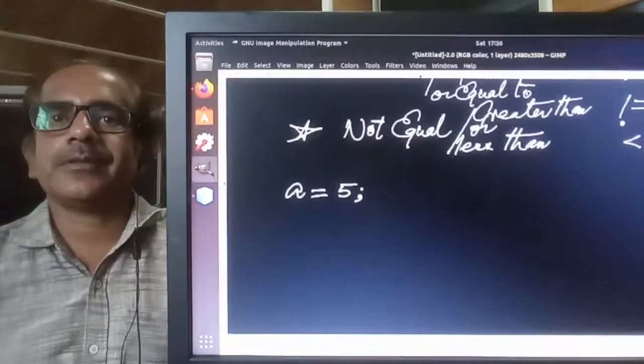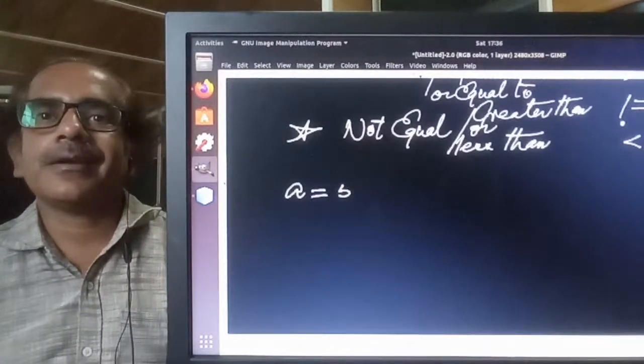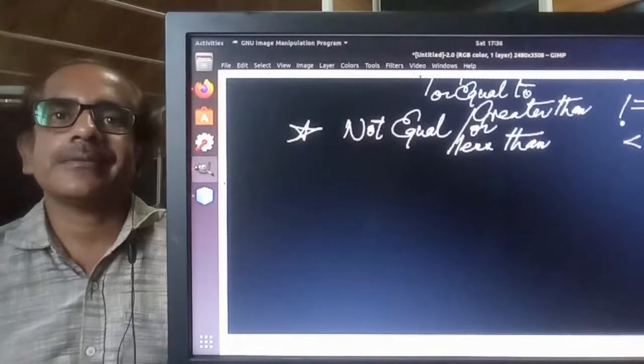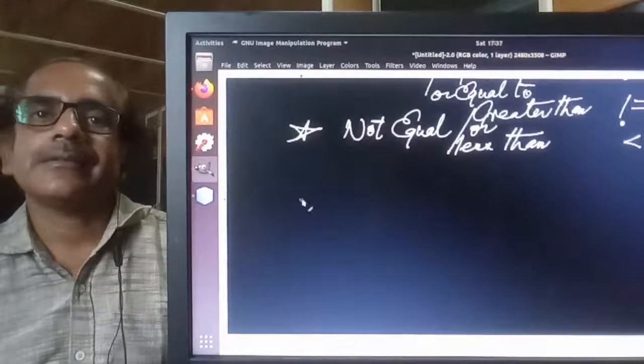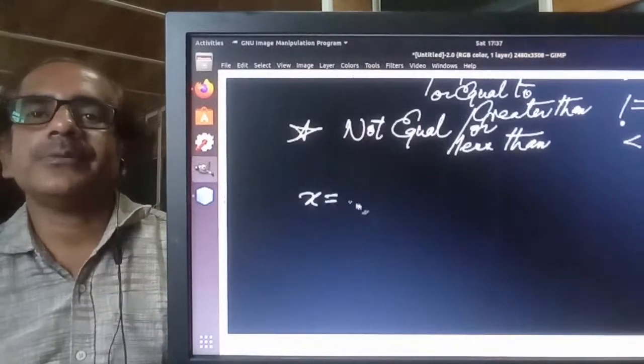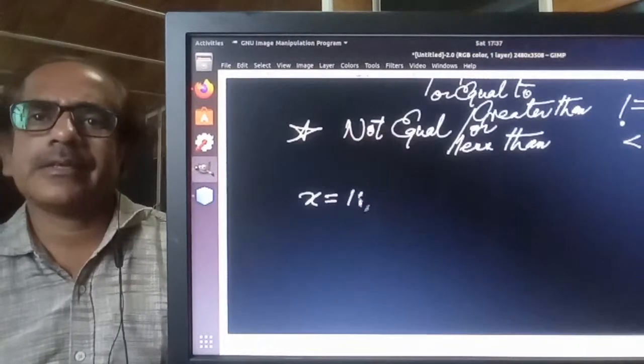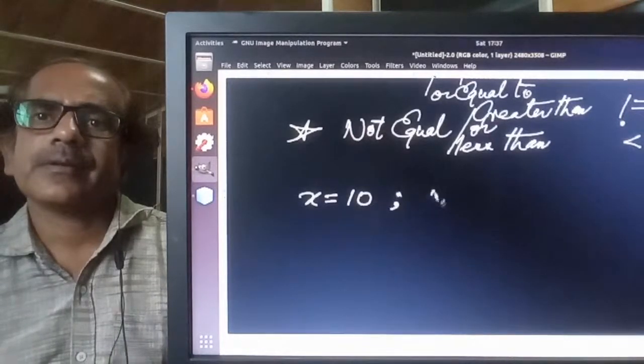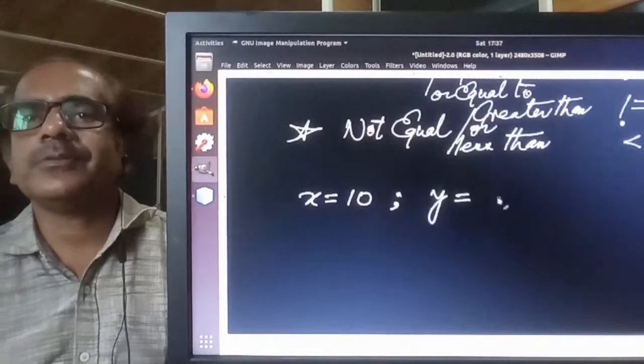Let us take something else. Let us take x equal to, let us say, 10, y equal to 17.